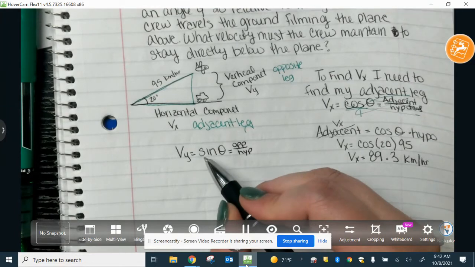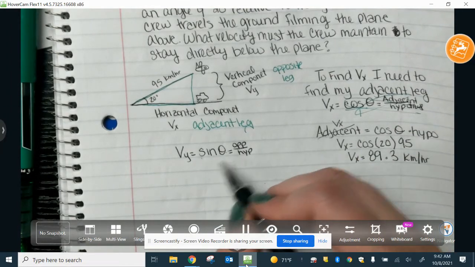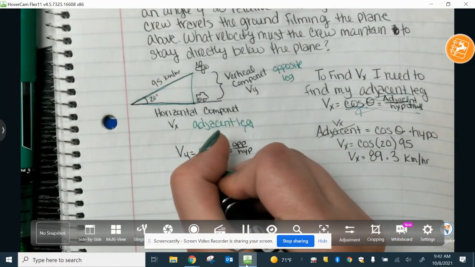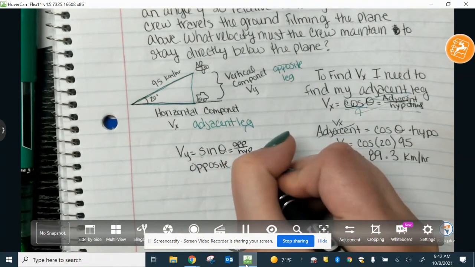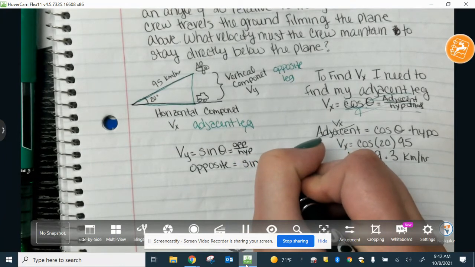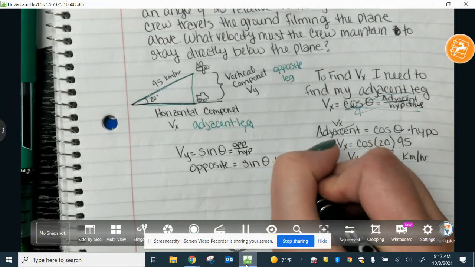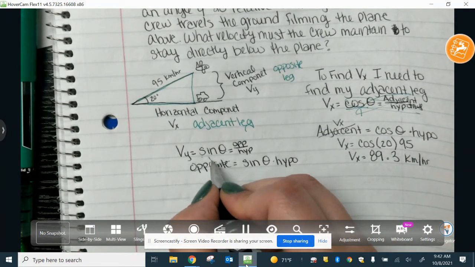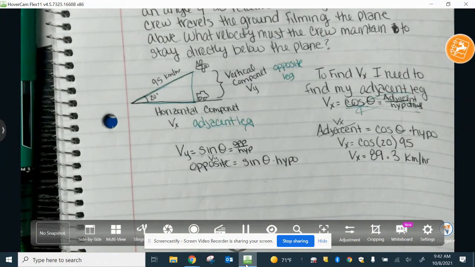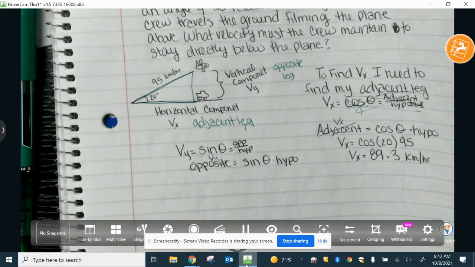And I would rearrange that again, putting this over 1, cross multiply, to get my opposite leg is equal to my sine of theta times my hypotenuse. Remember, that opposite leg really being motion in the y direction. I know this is a lot. This is trig. It is not easy. We're going to work through this. We're going to do another problem for an example.